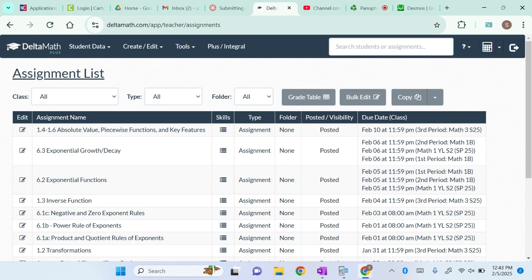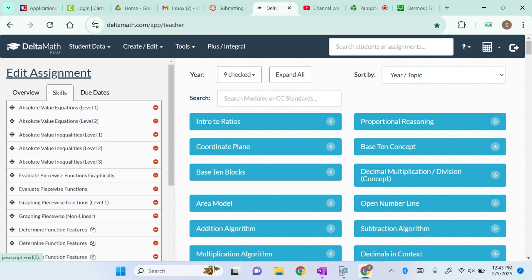This is not going to be due until Monday. But if you look at your assignments or your skills, you should be able to do everything that starts with absolute value. Anywhere you see absolute value in the name of that skill, you can do it, at least today. And then we'll go through the other stuff tomorrow and Friday.